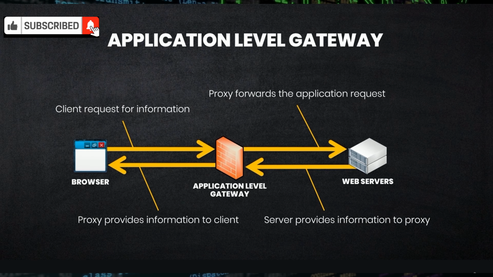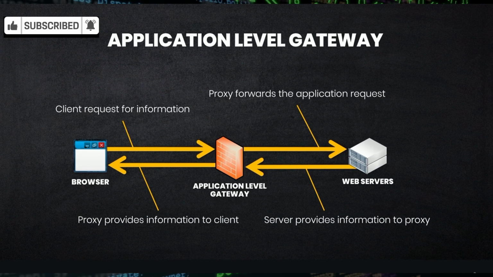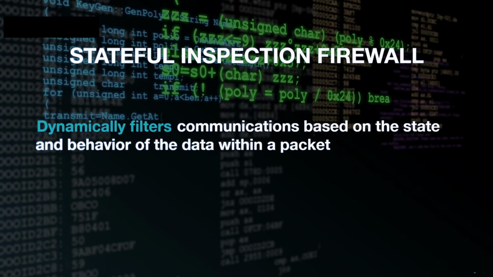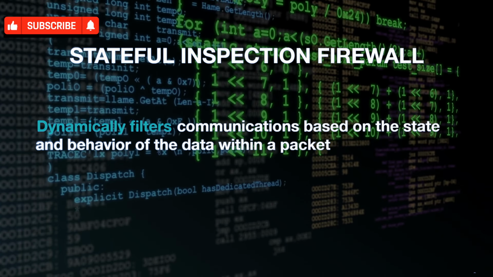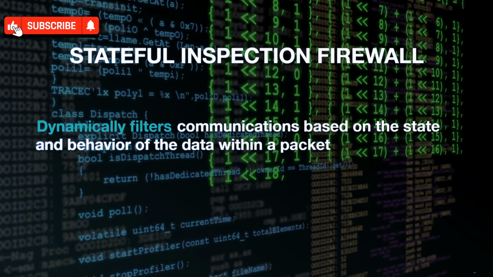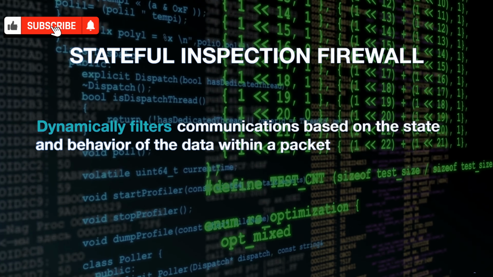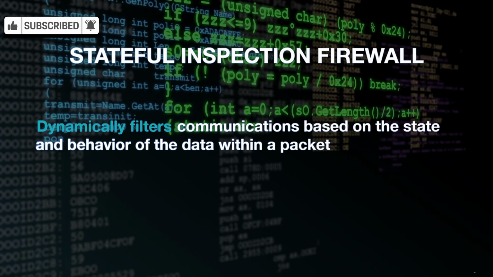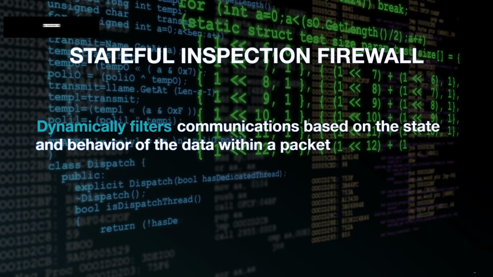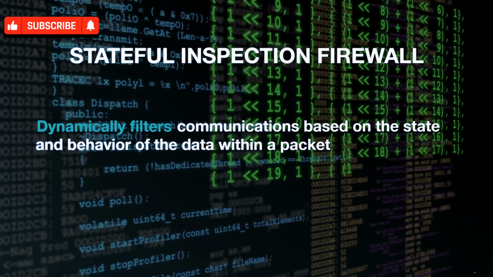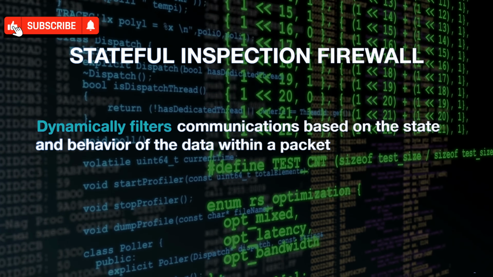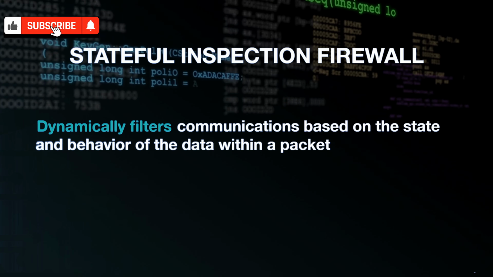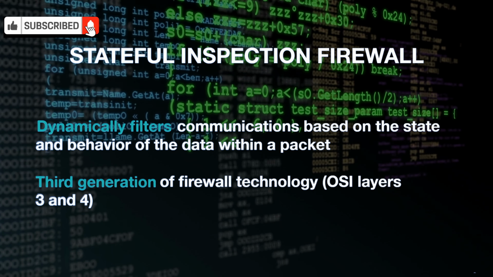So that's when we would step things up to a stateful inspection firewall. This is where we are going to dynamically filter communication based on the state and the behavior of the data within the packet. So now, instead of stateless, we are doing stateful. This is your third generation firewall technology, and we are looking at layer 3 and layer 4.